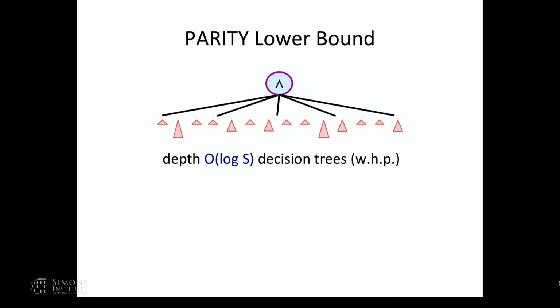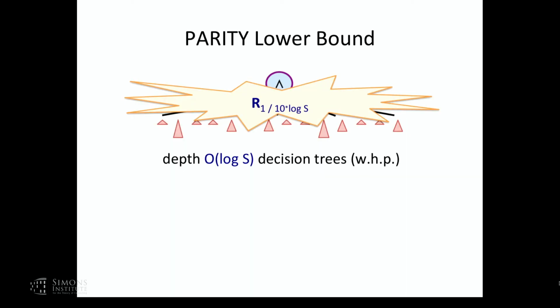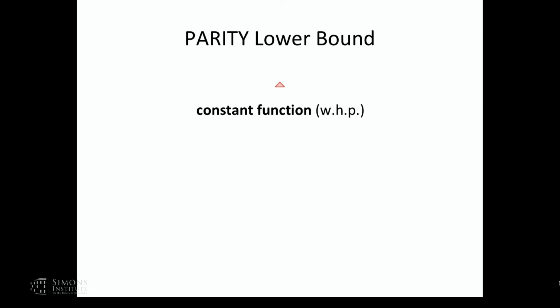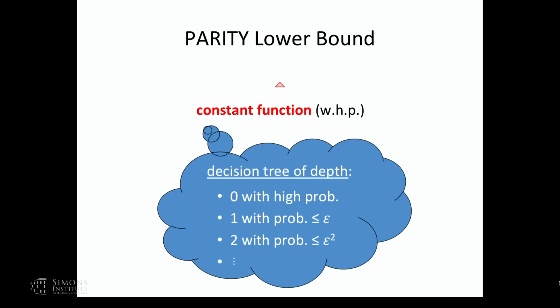We repeat this, and then finally we repeat this up here. And what we get at the end is a decision tree whose depth is 0 with high probability. So what we're left with is a constant function with high probability. More precisely, at the end of this process, we have a decision tree whose depth is almost surely 0 and then has some exponential tail.